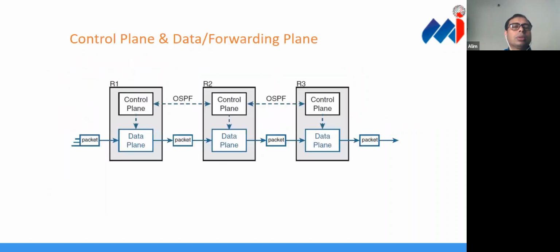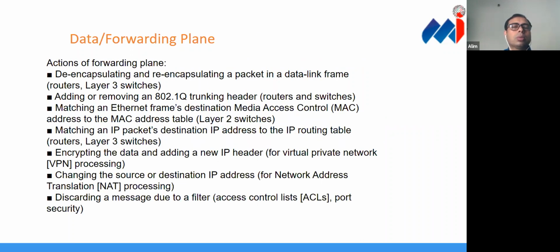So what can we see happening in the data plane? In the data plane, encapsulation, re-encapsulation, decapsulation, and forwarding the data from one source to another. These types of activities happen in the data plane. So here is a list. For example, data encapsulate, decapsulate, re-encapsulate a packet in a data link frame.